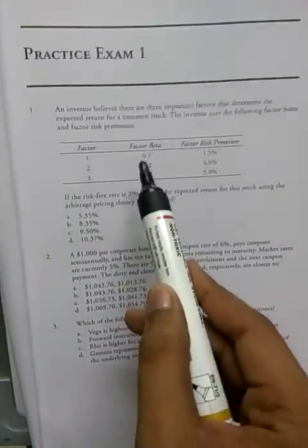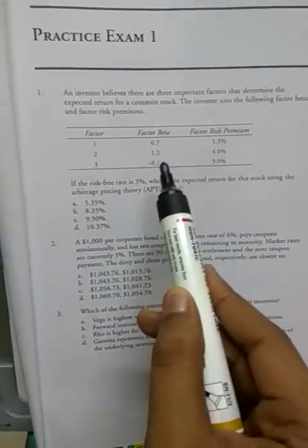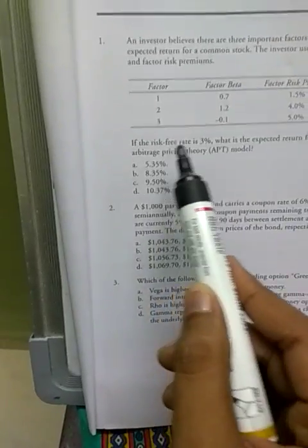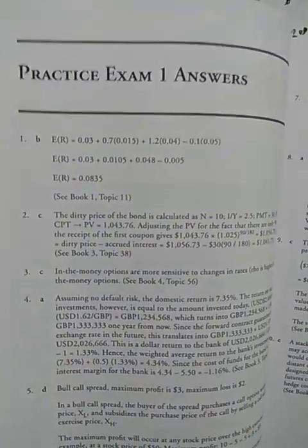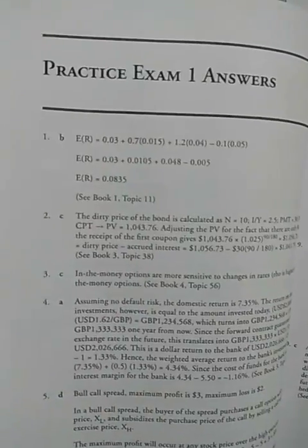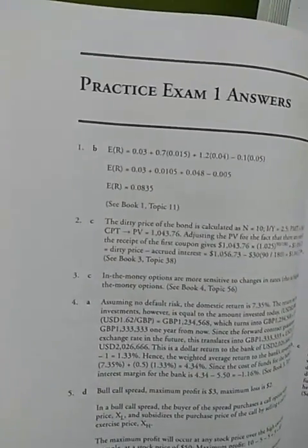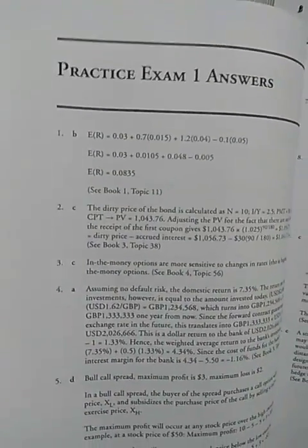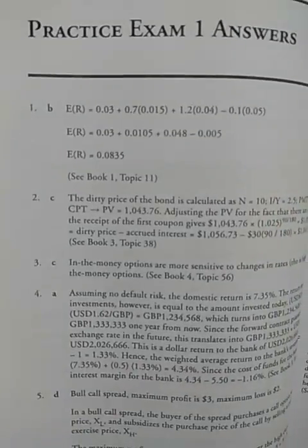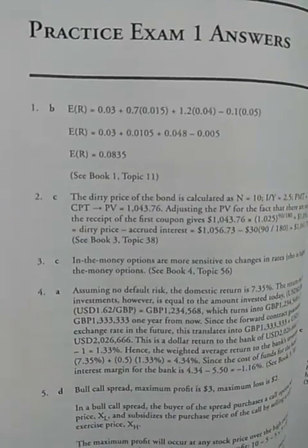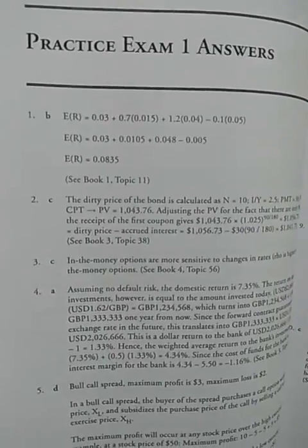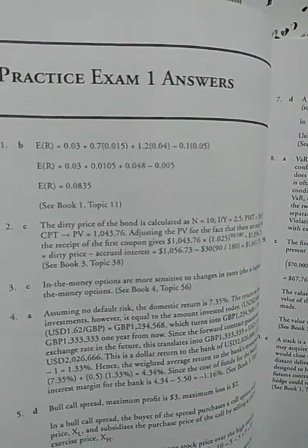All we need is x1 into A1, x2 into B1, x3 into B3, into RF. Here risk-free was 3%, so we have to divide 3% by 100, which is 0.03. Likewise, betas are 0.7, but the RF percentages are converted into absolute values: 0.015, 4% becomes 0.04.